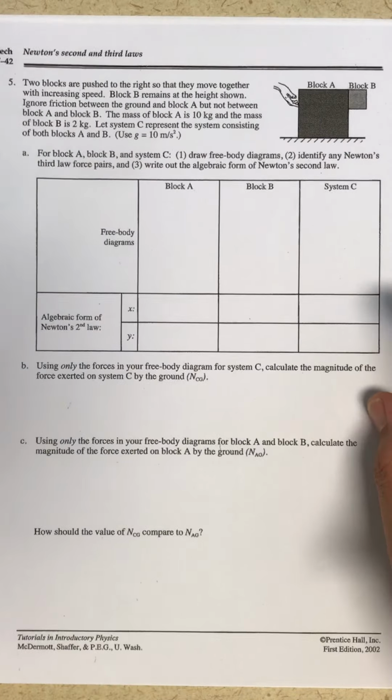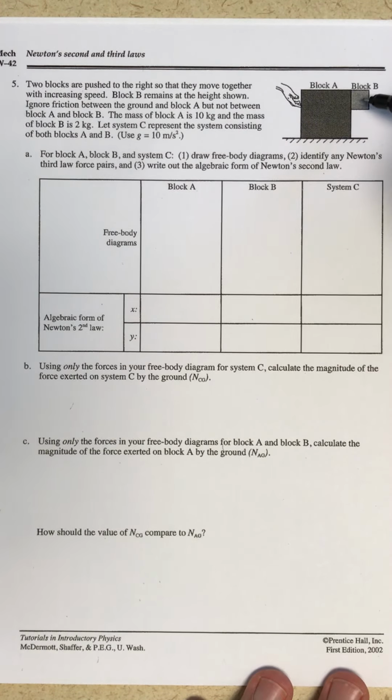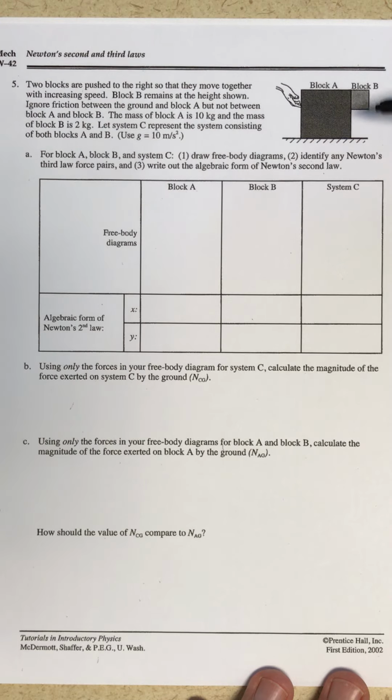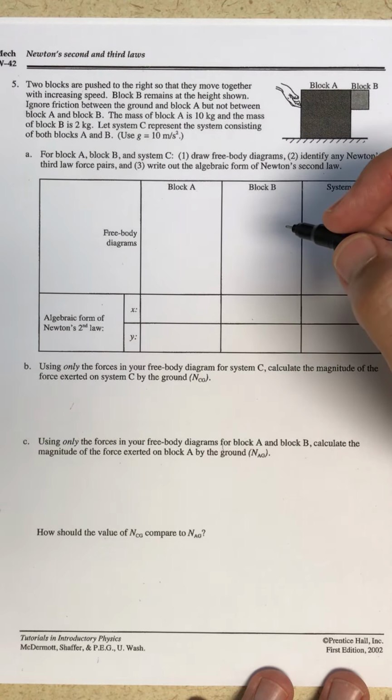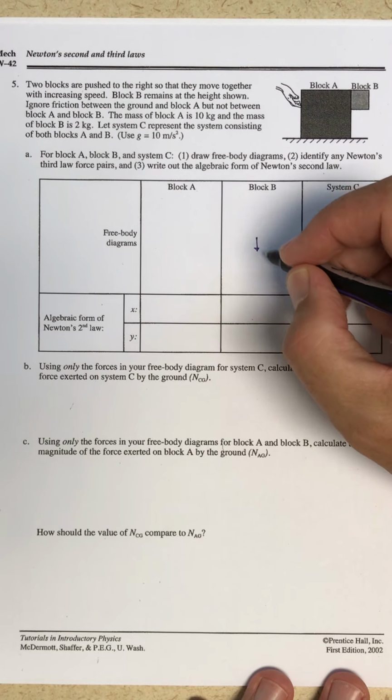I want to start this process with block B first, because it'll be more clear. Block B is accelerating to the right, but it's not moving up or down. The block definitely has weight. So there's the weight.